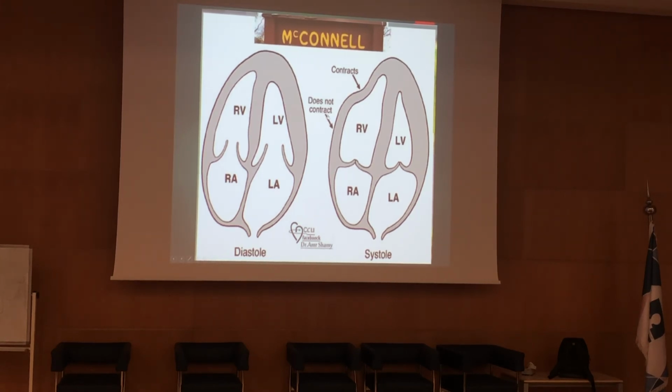But in McConnell sign, because there is very high pressure preventing the right ventricle from contracting, the apex, this is the apex, and this is the base. Why apex? Because this is the apex of the heart, so this is the apical part of the right ventricle. This is the only part that will move. Why? Because it's far away from the pressure. But the side of the ventricle facing the pressure will not contract. It will not work. So we call it McConnell sign.